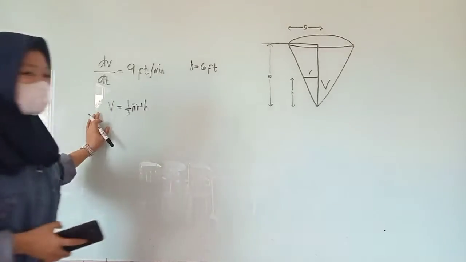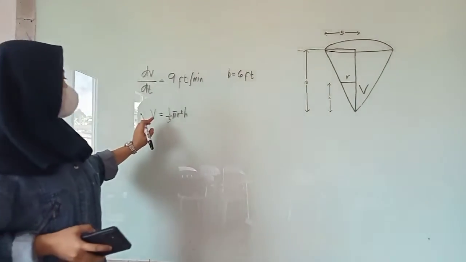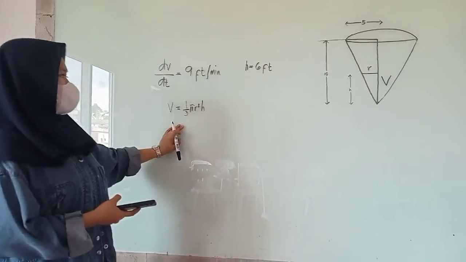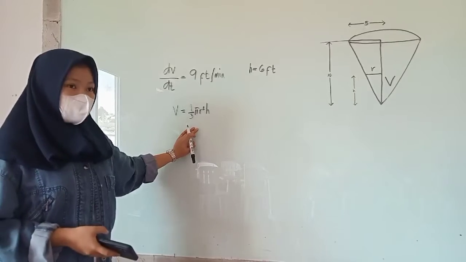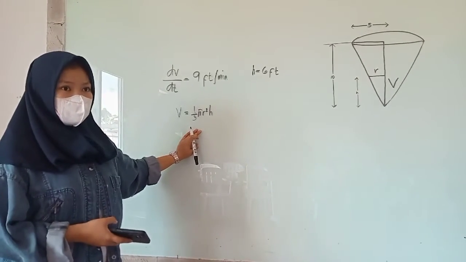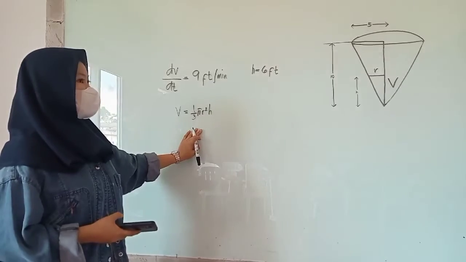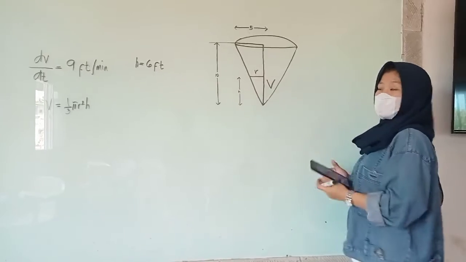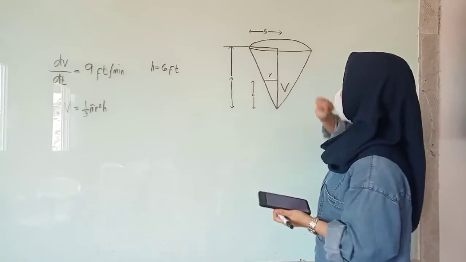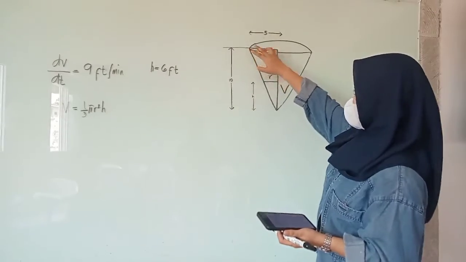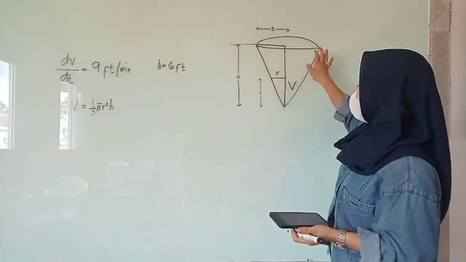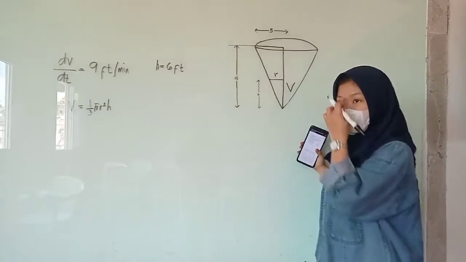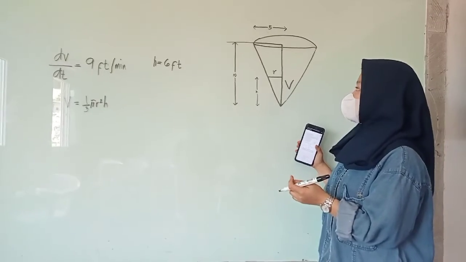Since we have three variables, V and height are related to r. So we find the value of r in terms of height by using similar triangles. If you look at this figure, we have two triangles: the triangle of the conical tank and the triangle of the water. By using ratio and proportion, we can get the value of r.